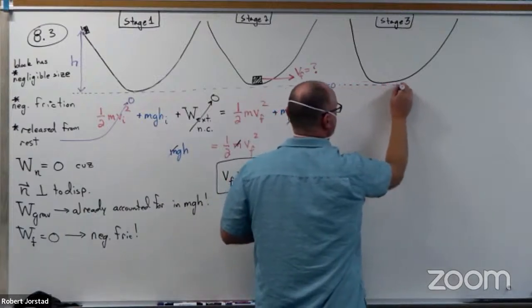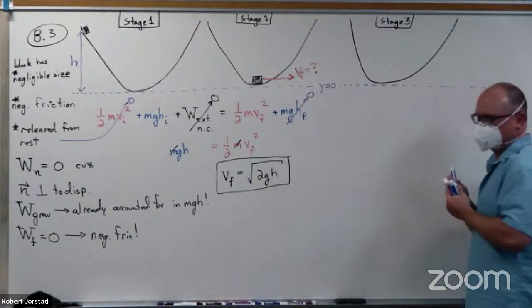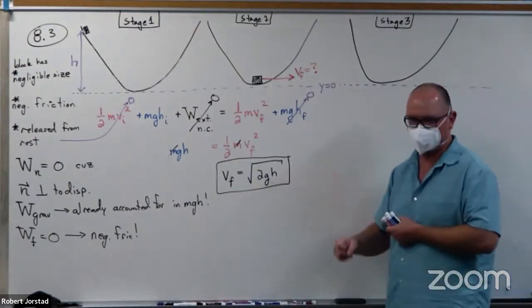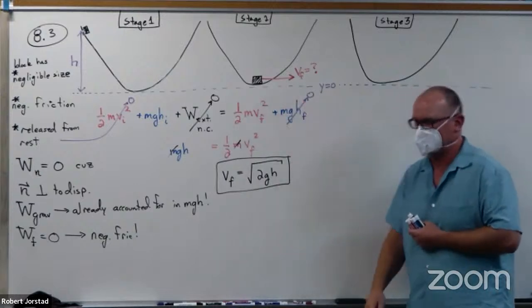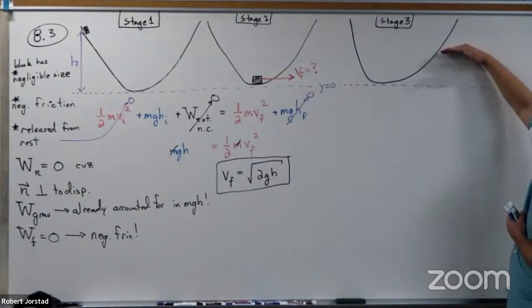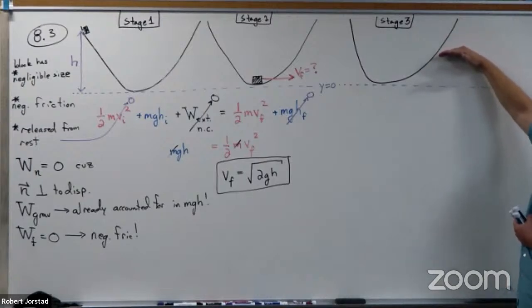Any guesses, anybody? So we know its maximum speed is square root of 2gh. That's the speed at the bottom. Here's the halfway point. Do you think at the halfway point, it will have half of its max speed? Or do you think that point will come lower or above it? Where do you think it will have half of that max speed? Down low, in the middle, or up high?